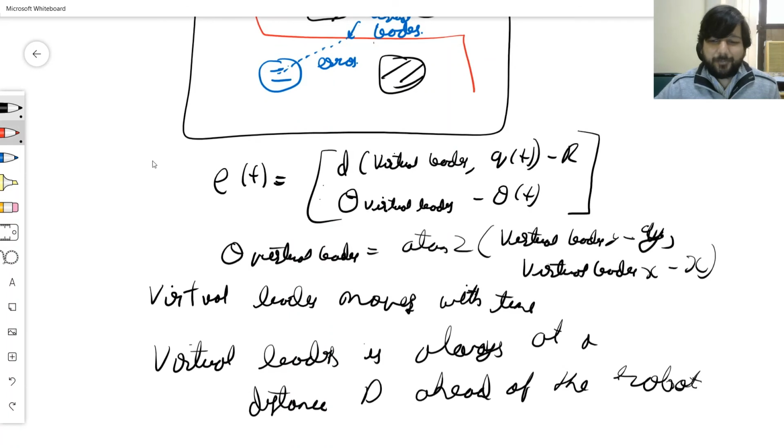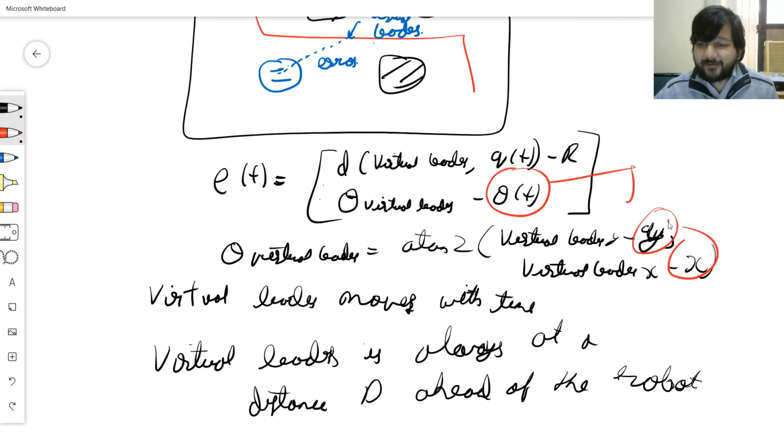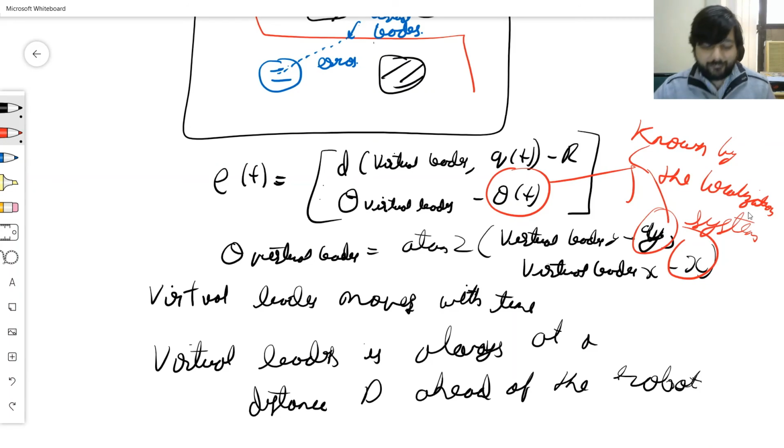So my only inputs are this, and these three are known by the localization system. So I know all these because my localization system at every point of time tells me what my position is.